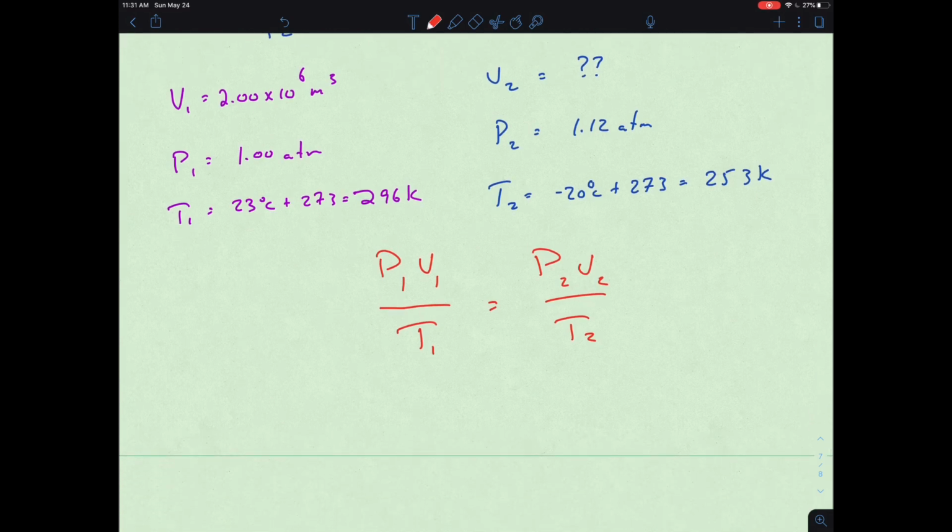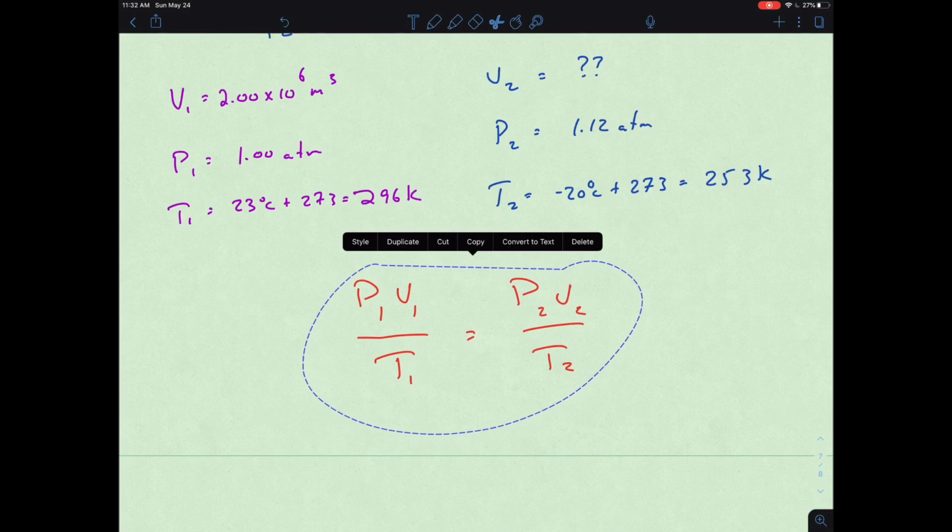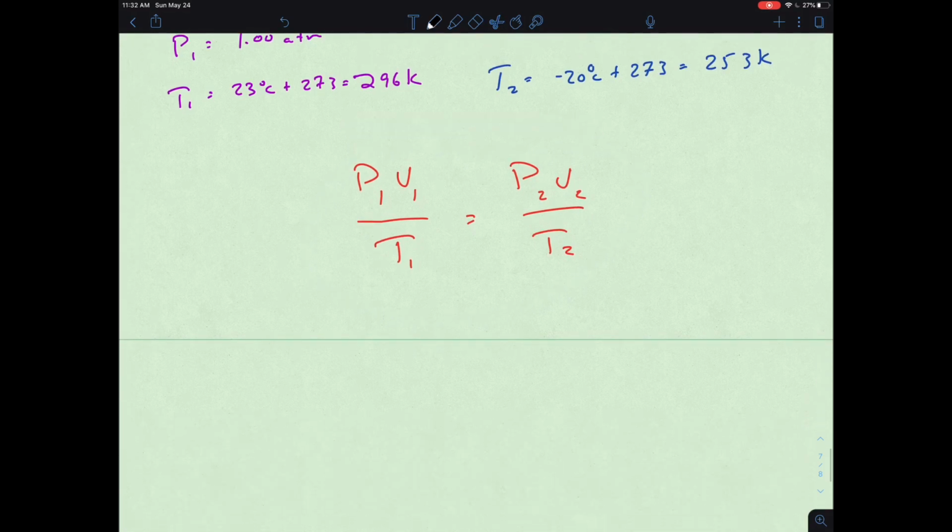So in plugging in our representative components for 1 and 2, our pressure 1 was the 1 atmosphere.